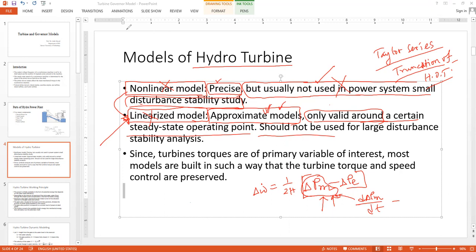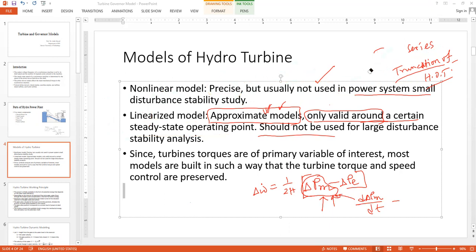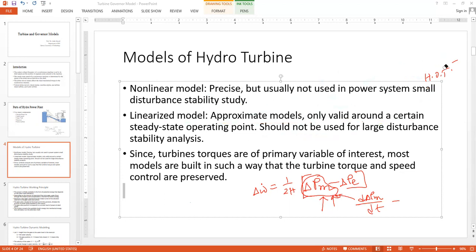But in this course, we are covering the hydro turbine modeling. The working principle of the hydro turbine has already been discussed in short, and let's see what is next.